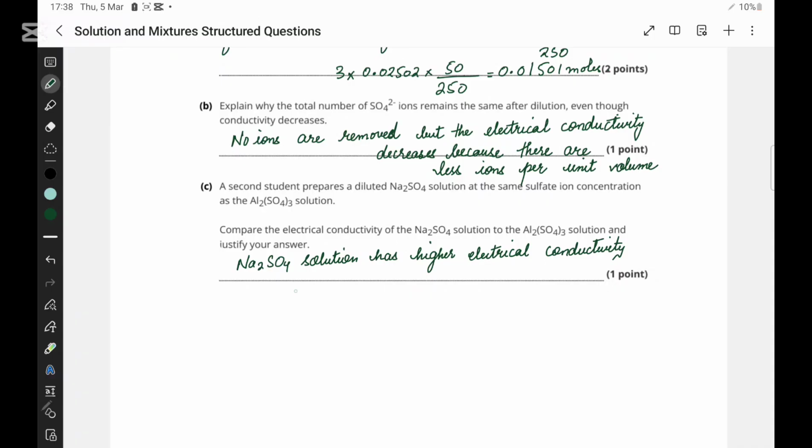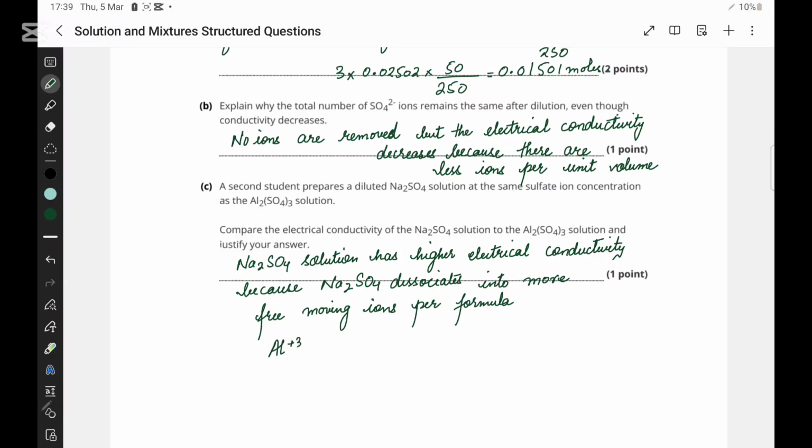The reason is that Na2SO4 dissociates into more free-moving ions per formula, and aluminium ions interact more strongly with sulfate, reducing mobility.